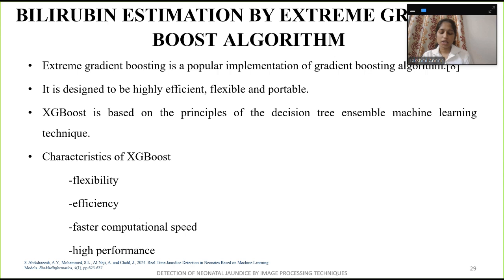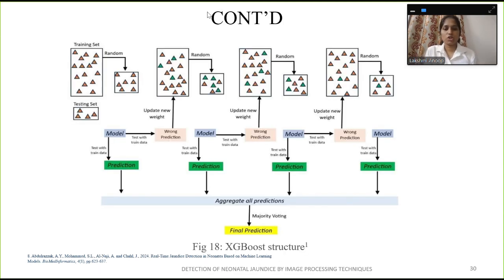Also, after each iteration, weights are updated based on these errors, and thus the higher errors get higher weights, and they will finally predict a value that correlates with the bilirubin. This is the main structure of the XGBoost algorithm.